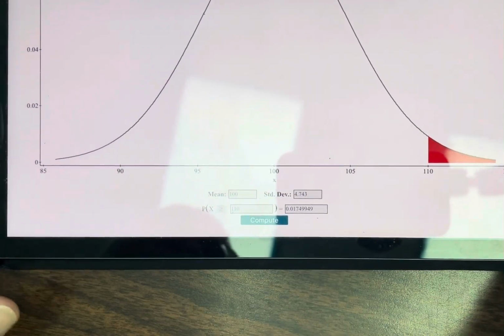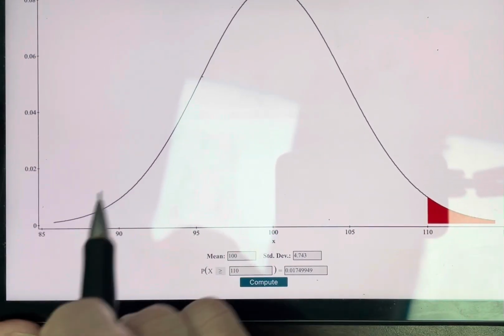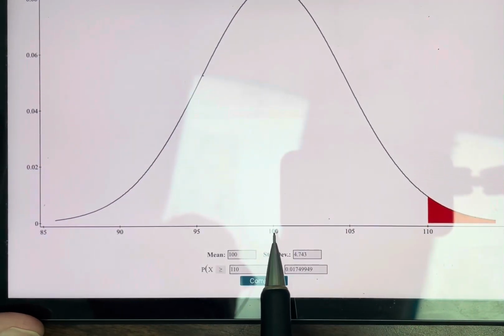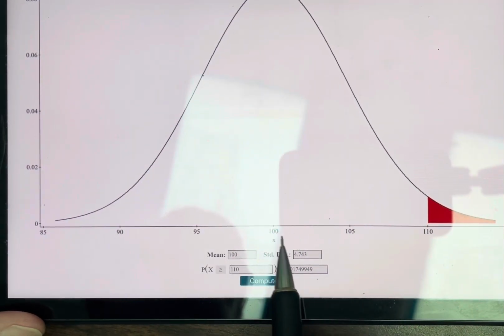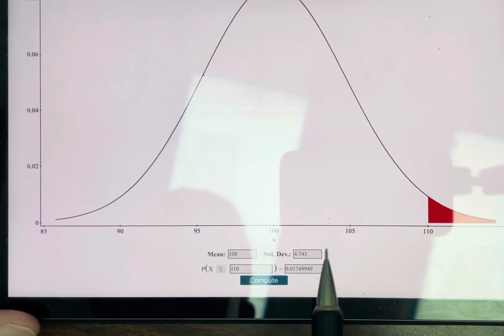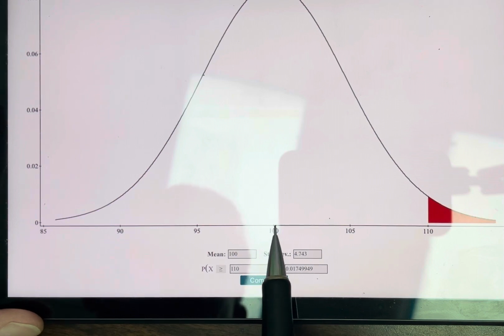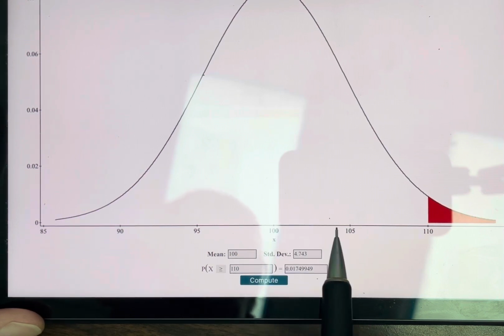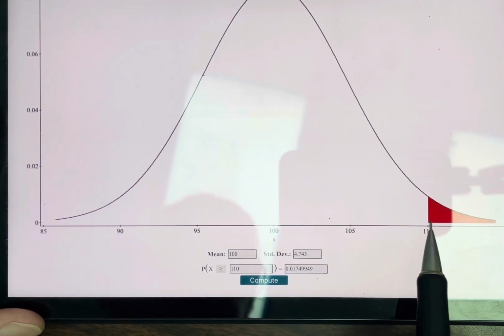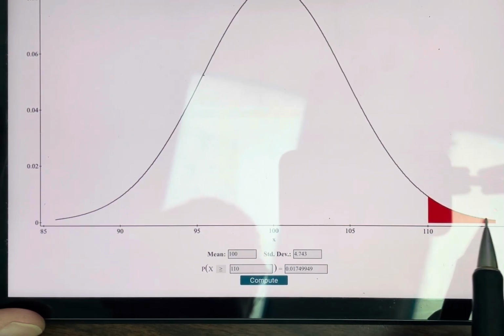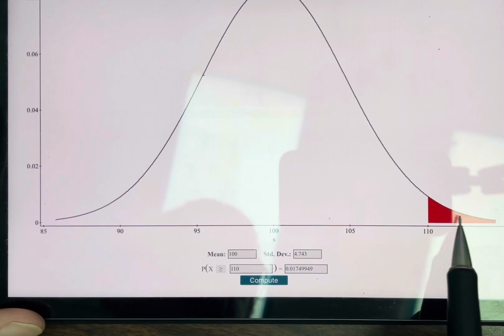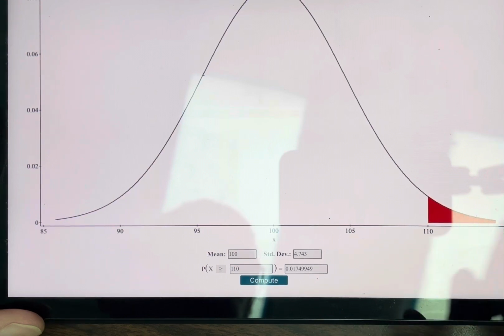Compute. And the answer comes out to be, I'll shift it up for you. As you can see, I love how StatCrunch gives you the picture. Here's the mean. The population standard deviation is 15, but the standard deviation for the sample mean is 4.743, so it's about right about there. And we're looking at 110, so we're here, and there is the piece that is greater than 110. It's not very much.